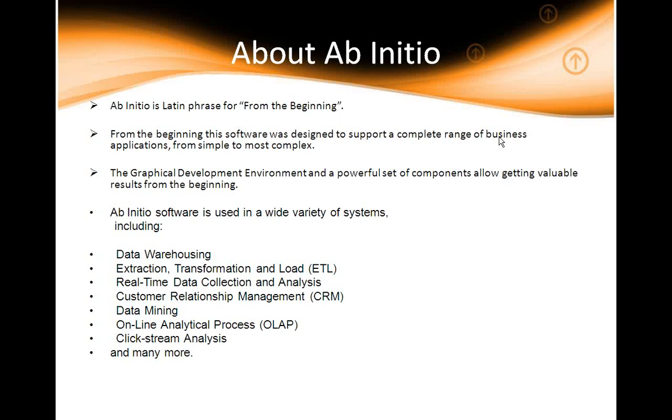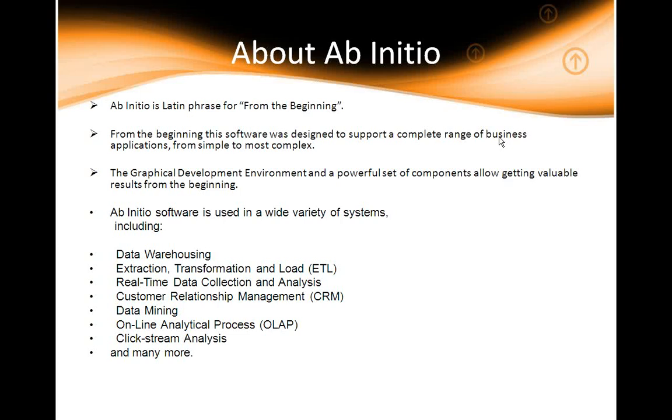Ab Initio is an ETL tool. Apart from just using it for a data warehouse, it can simply extract data and load it into some other place also. It's not mandatory that your target has to be a data warehouse. Source can be any table or file, and target also can be any table or file.